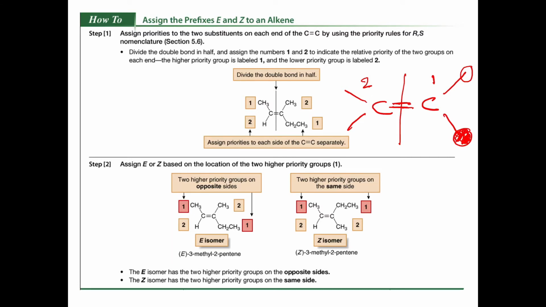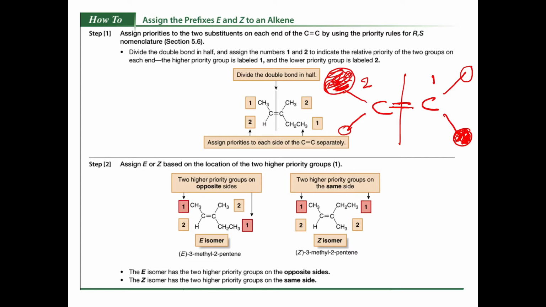Okay, on the carbon 1. And let's go to the carbon 2. On the carbon 2, I have this group with a higher atomic number. Now consider the place of the group on carbon 1 and the group on carbon 2.